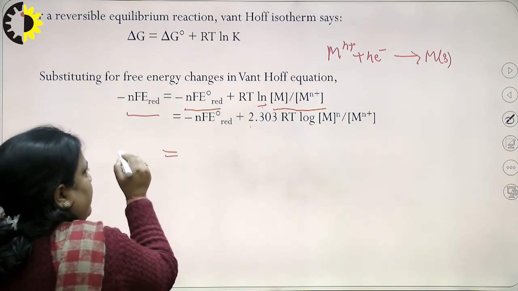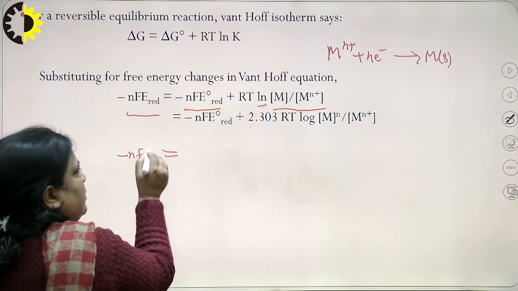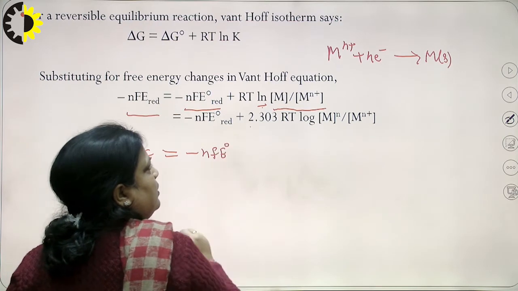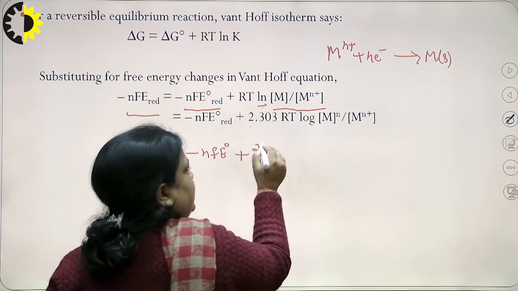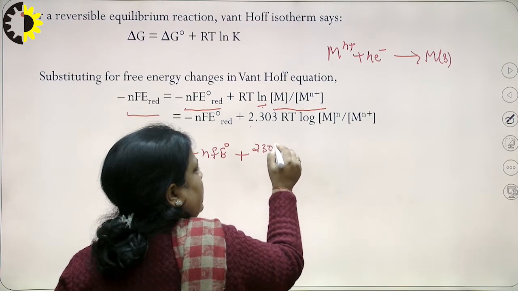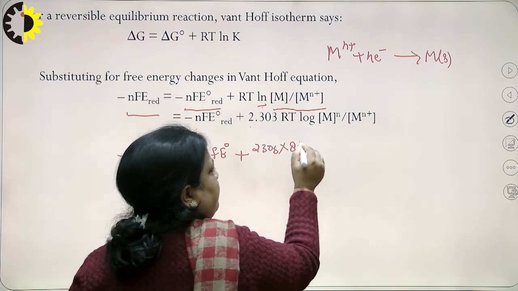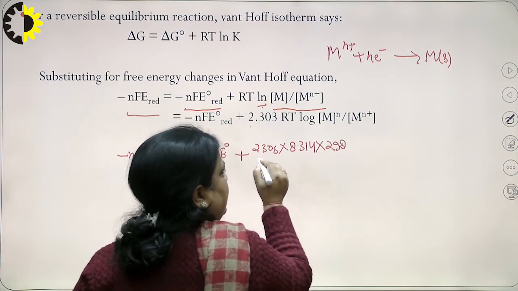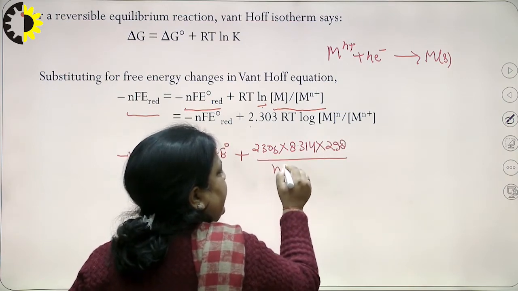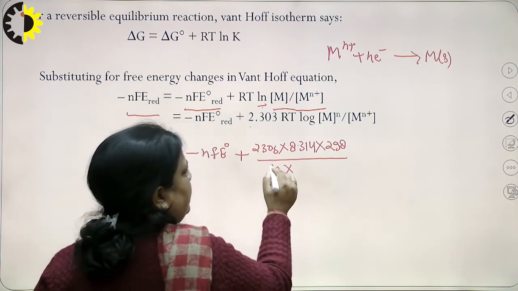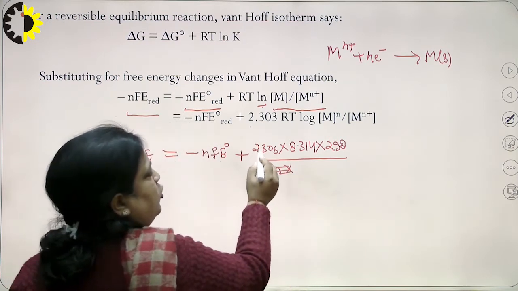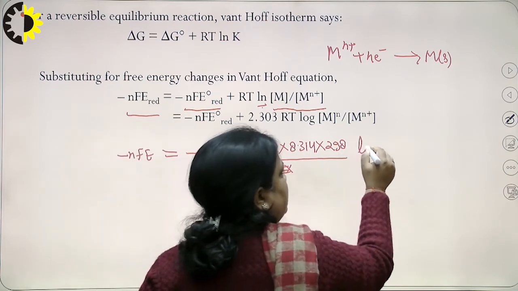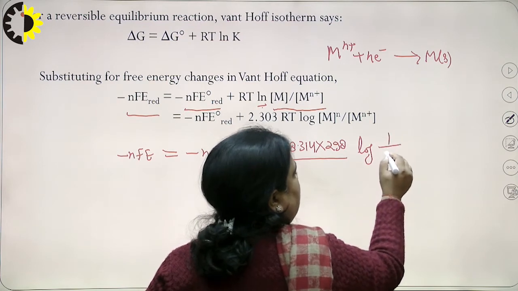So minus nFE equals minus nFE naught plus 2.303 into 8.314 at 25 degrees centigrade, that is 298 Kelvin, and log of 1 upon Mn plus.